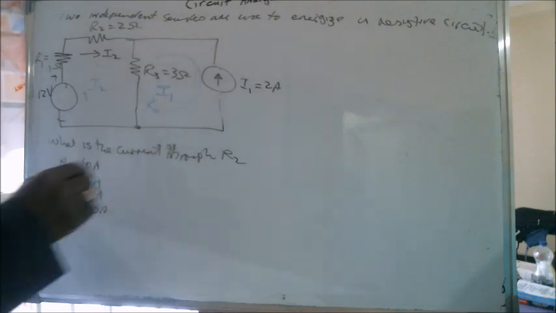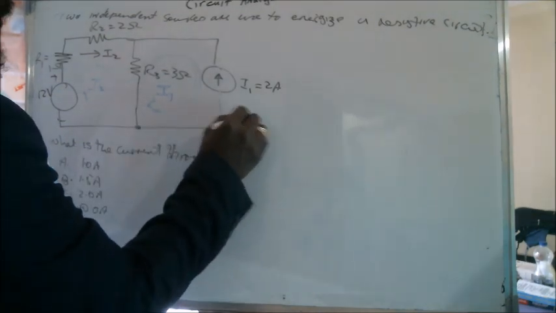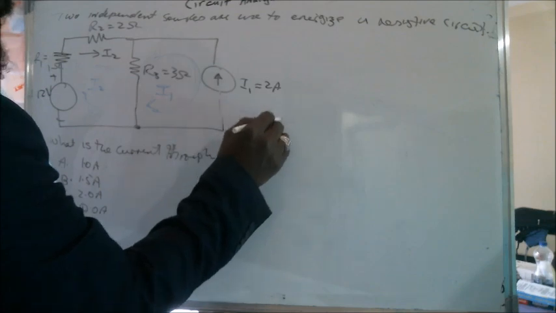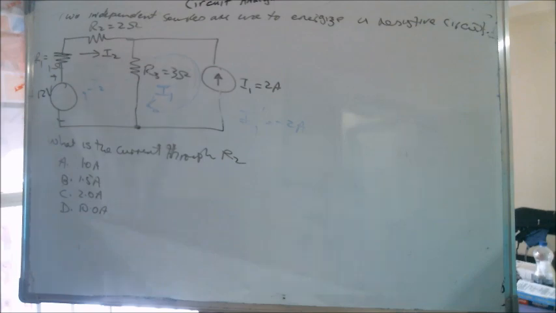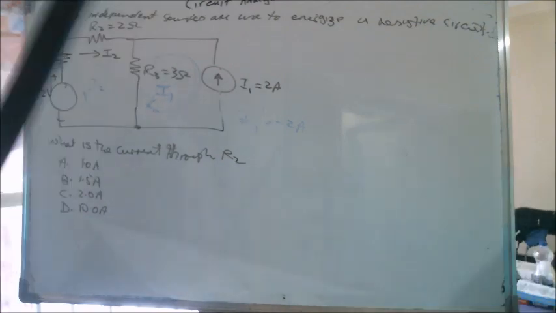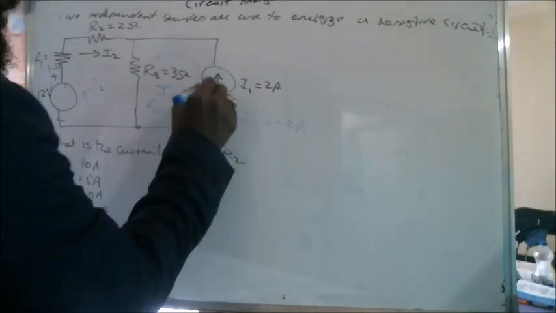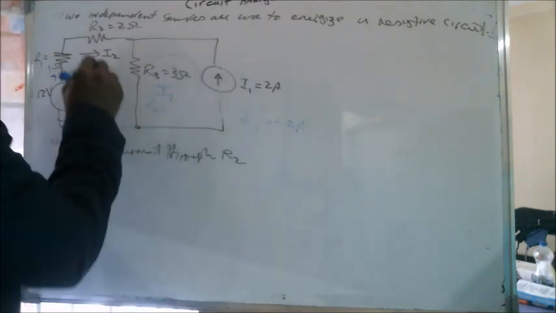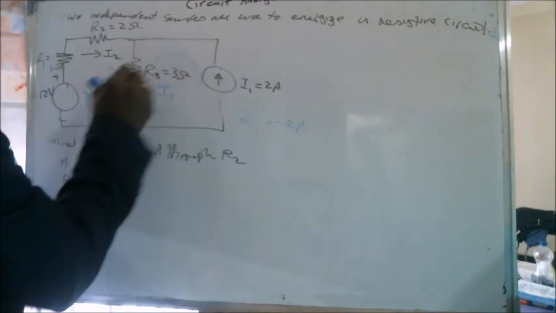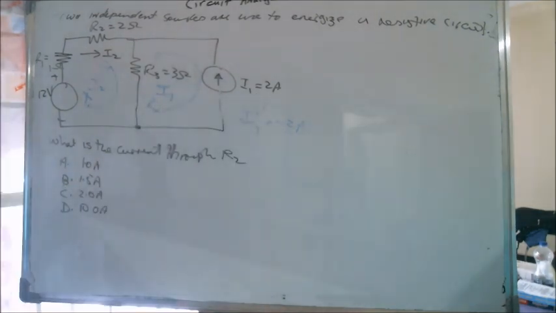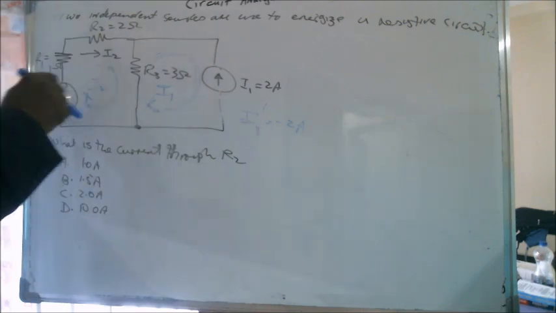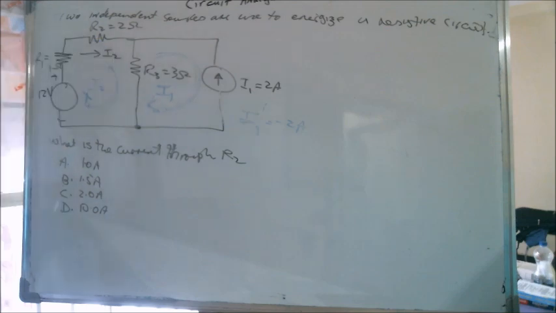The actual current source is 2 amps in this direction, but we're taking clockwise flows, so I1 prime is actually minus 2 amps. And I2 is flowing out of the 12 volt source and around this circuit, and that is the current they're looking for.